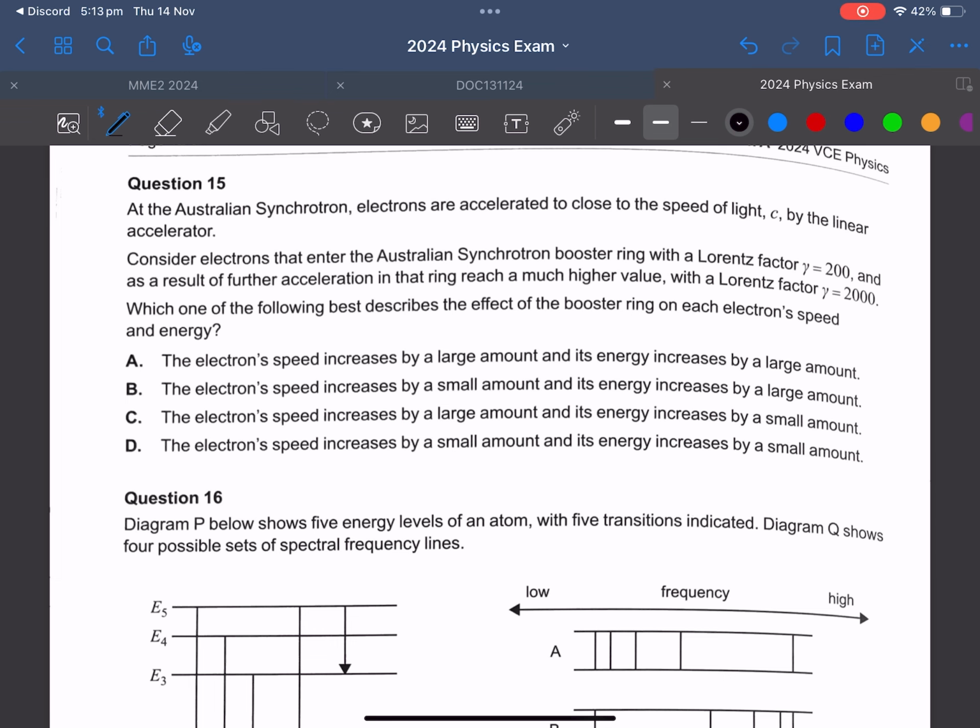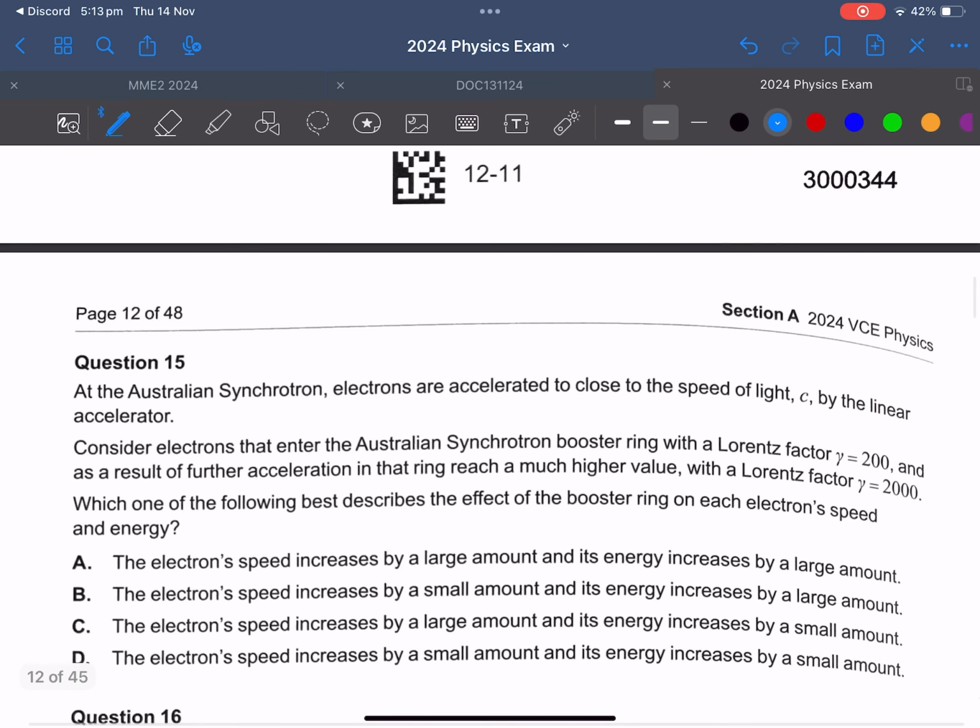Okay, I guess, so what we can do for this, interesting question by the way. So this is our Lorentz factor and this is our velocity. So using the relativistic model, our graph would look something like this. Well, no, not quite, like that, basically, where this is our speed of light.